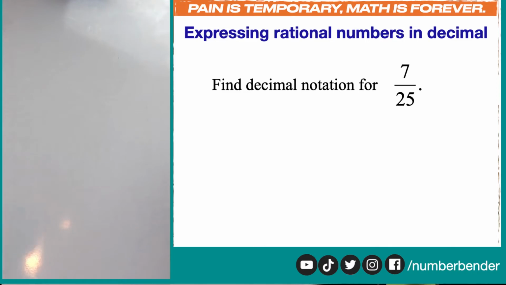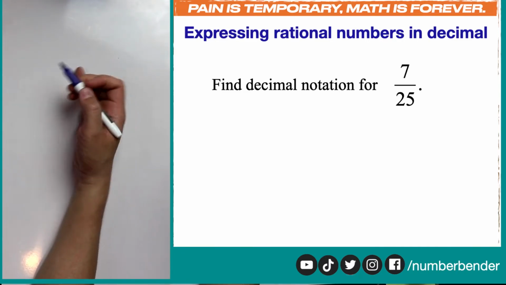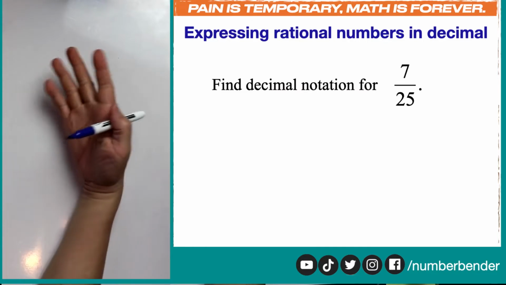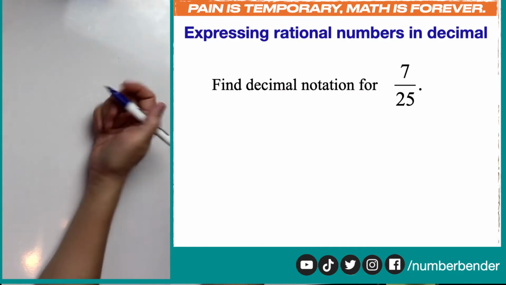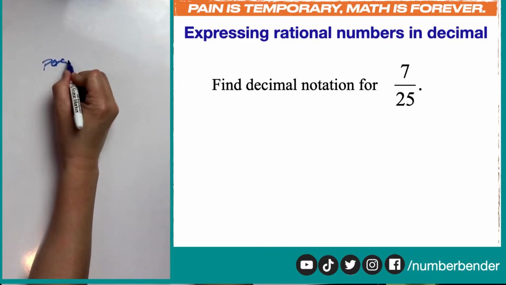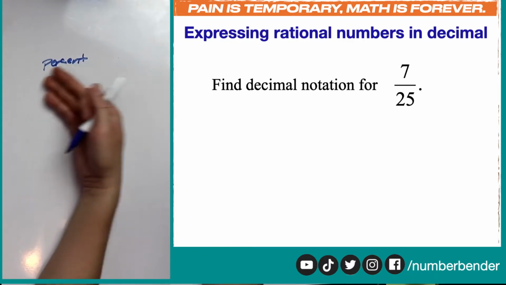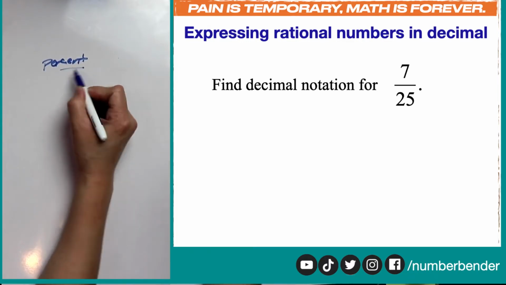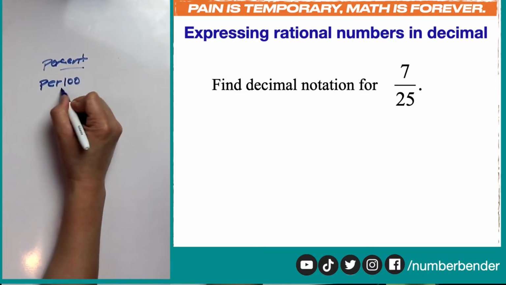And this one will be a little easy because converting rational numbers is basically converting them into decimals, and decimals are also in percent form, and percent in mathematics, cent means 100. So this is basically per 100.